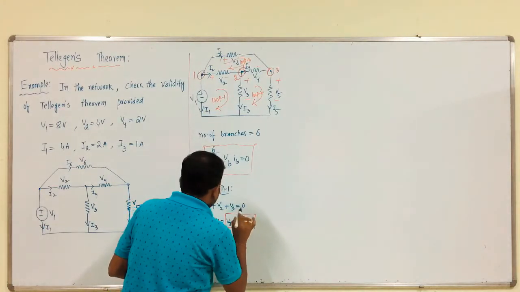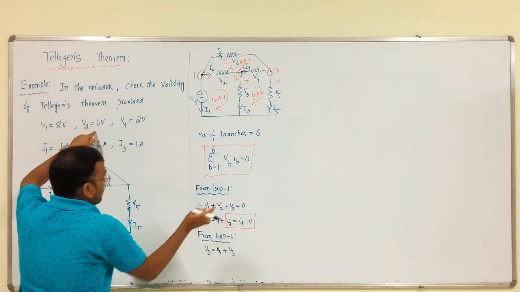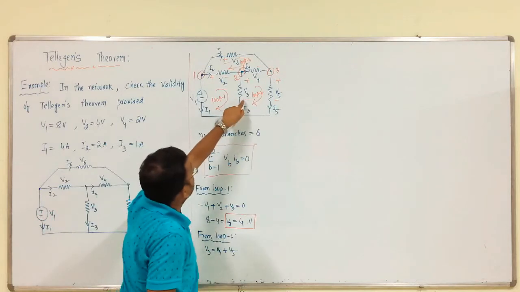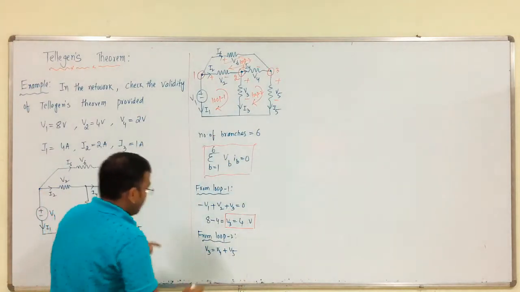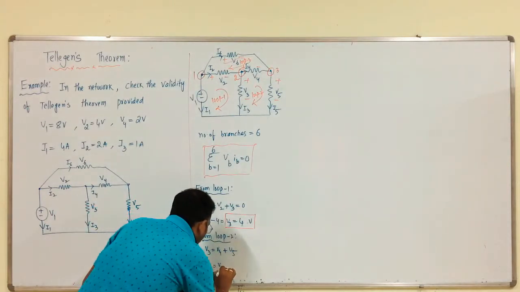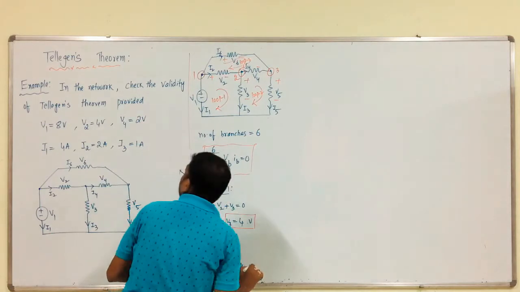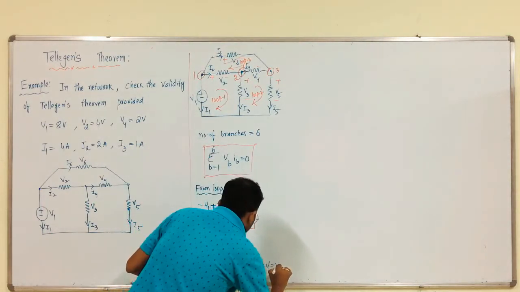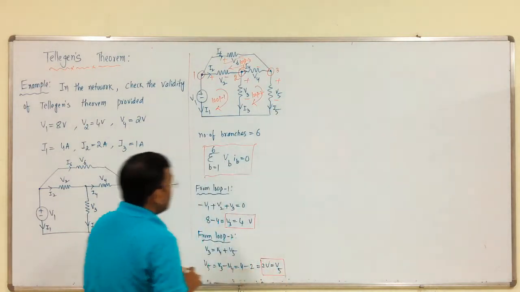Provided V1, V2, V3 is V1 minus V2, 8 minus 4, 4. From loop 2, V3 is equal to V4 plus V5. So we get V5 as V3 minus V4, which is 4 minus 2, equal to 2 volts, which is V5. So we got V5.